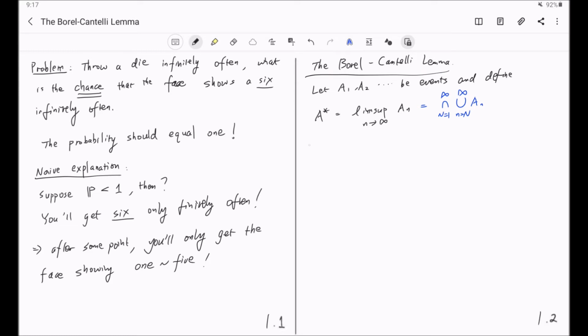First, if you sum up those probabilities from n equal to 1 to infinity, and if you get a finite number for the sum of all those probabilities, then the probability of the event A star is equal to 0.